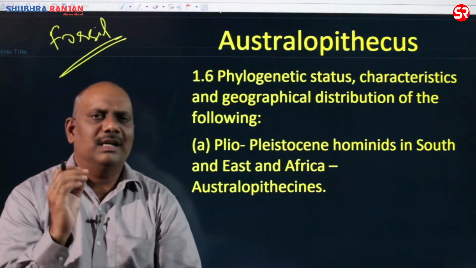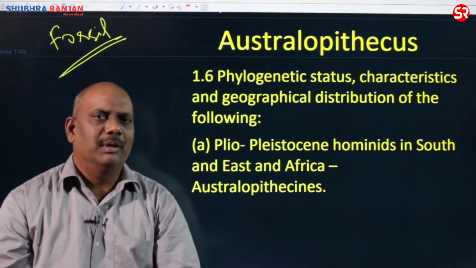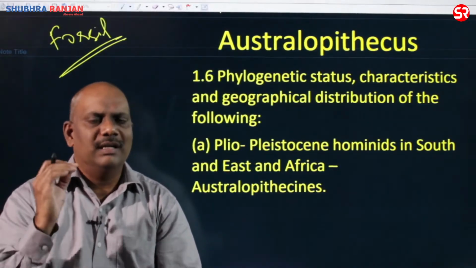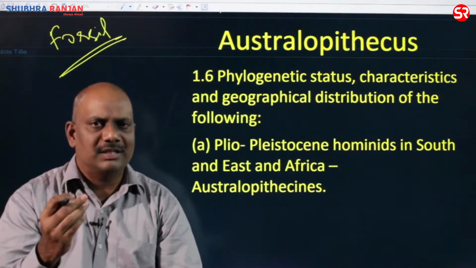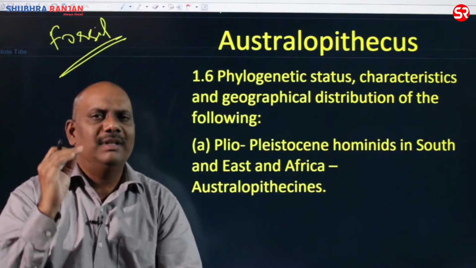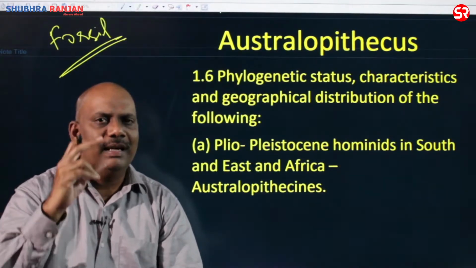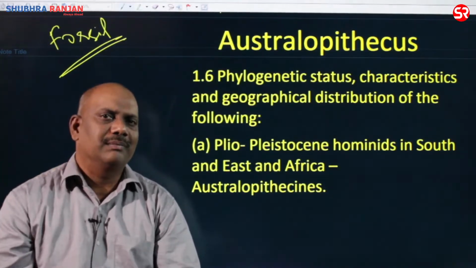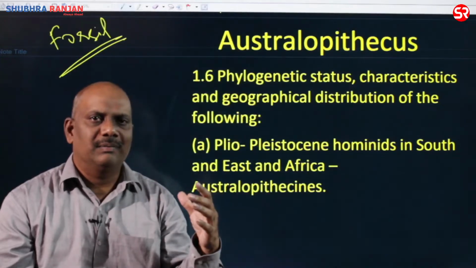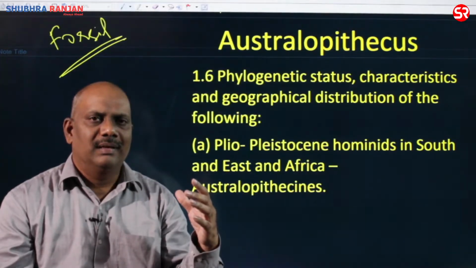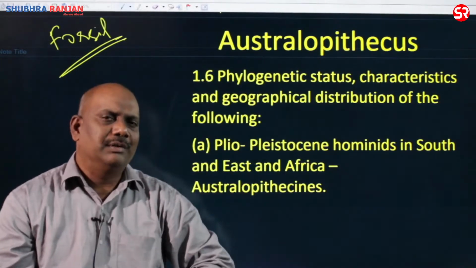And if this fossil contains some anatomical features which are similar to those of human beings, and after studying that thoroughly, our anthropologists declare that this particular fossil is in the line of human evolution, that means we have evolved from this particular fossil, we can place this fossil in the line of human evolution.